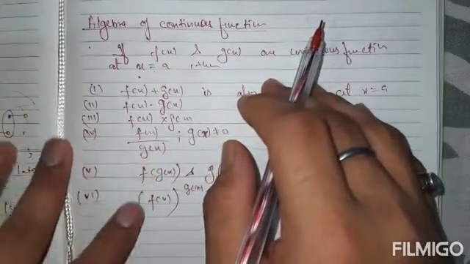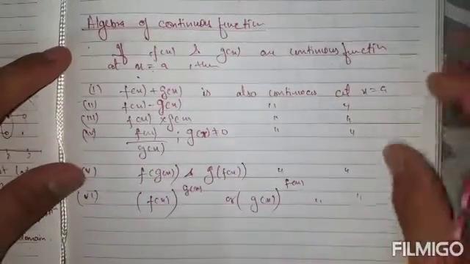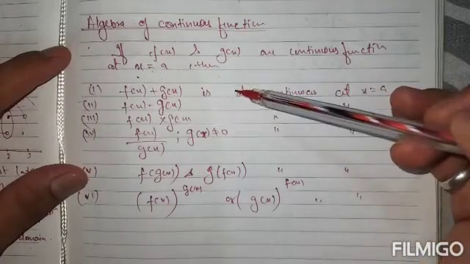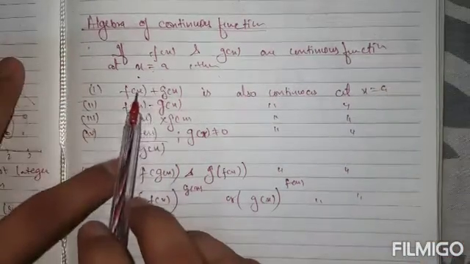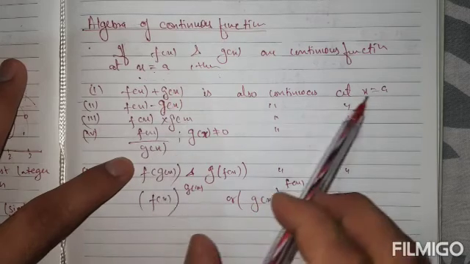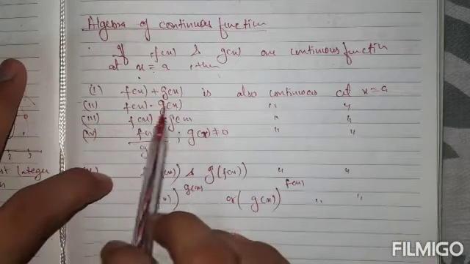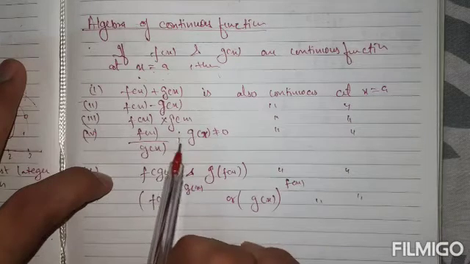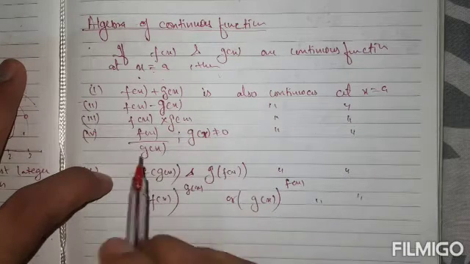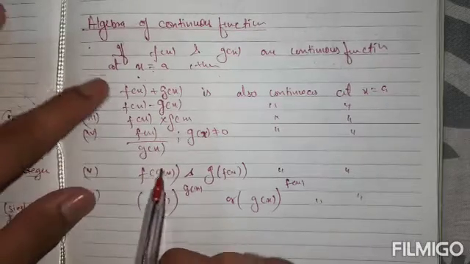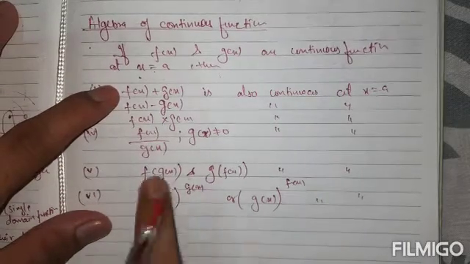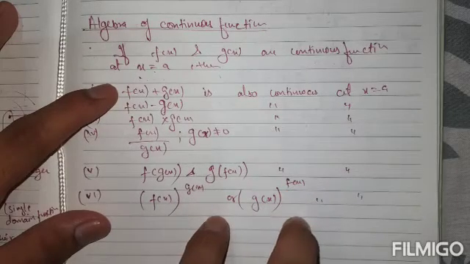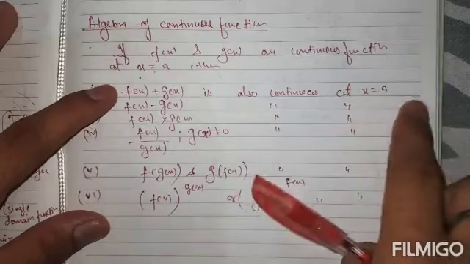Now let's move on to the next topic, that is the algebra of continuous functions. See here, if f(x) and g(x) are continuous functions at x equal to a, then always remember this: f(x) plus g(x) is also a continuous function at x equal to a. f(x) minus g(x), f(x) into g(x), f(x) upon g(x), but for that g(x) should not be equal to 0 for some value of x. f of g(x) and g of f(x), which are compositions of functions, and even f(x) raised to g(x) and g(x) raised to f(x), these are also continuous functions at x equal to a.